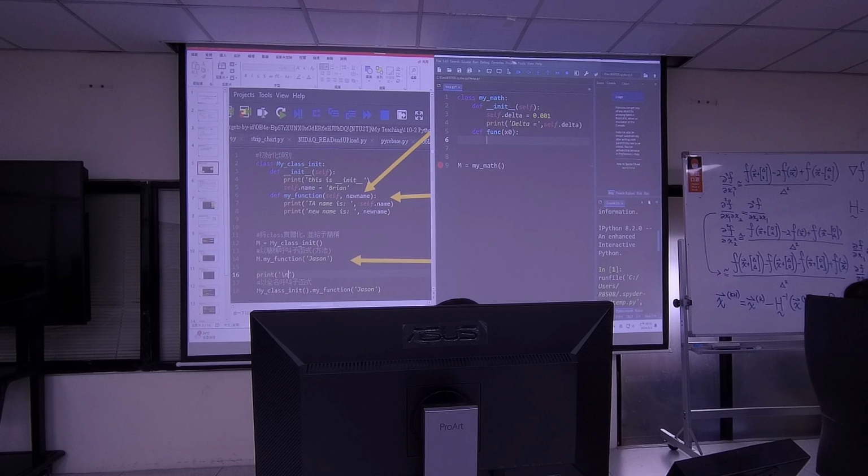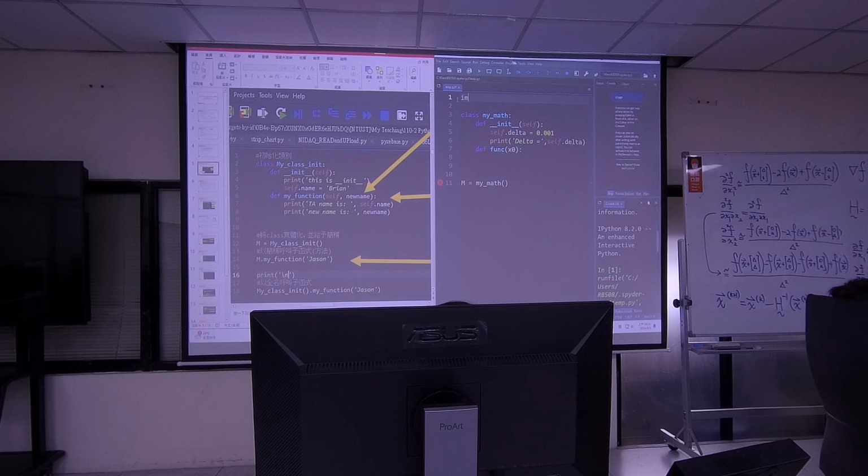Over here, I'm going to import math. I'm going to use some functions inside that as m. But if I do that, I don't want to misuse this one, so I'm going to call this double M, my math.